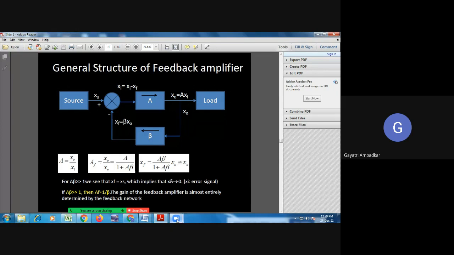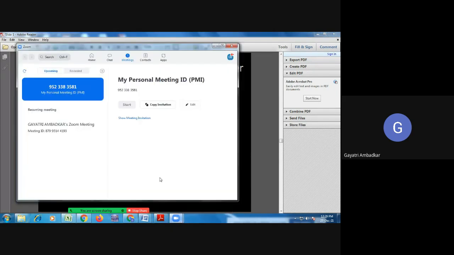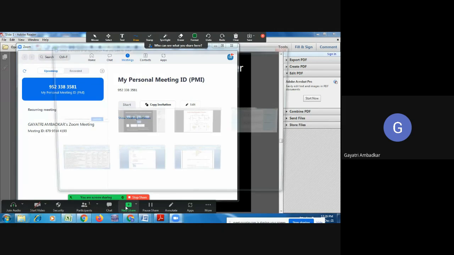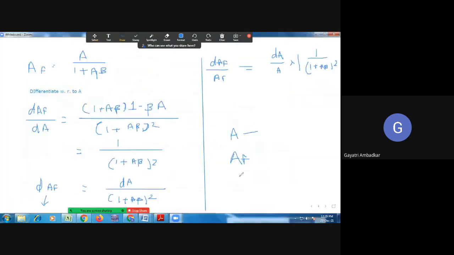If you see the equation: after applying feedback, the changes DAF, we call it DAF by F, is equal to the changes without feedback divided by 1 plus A beta square.